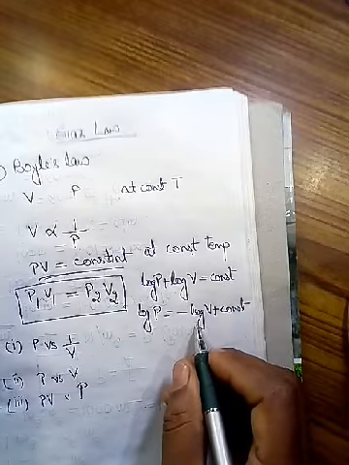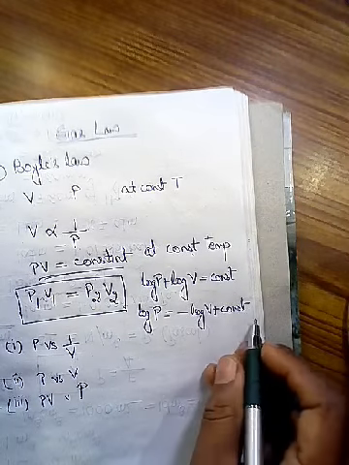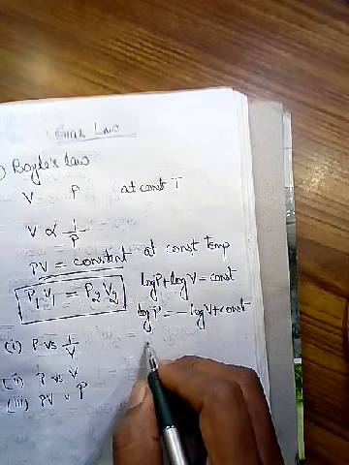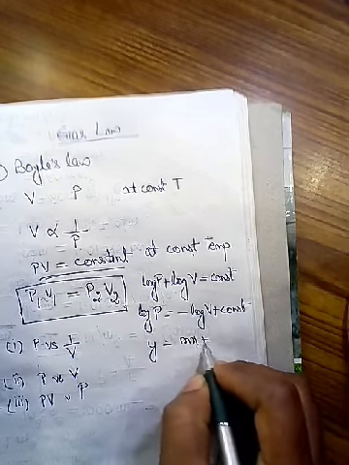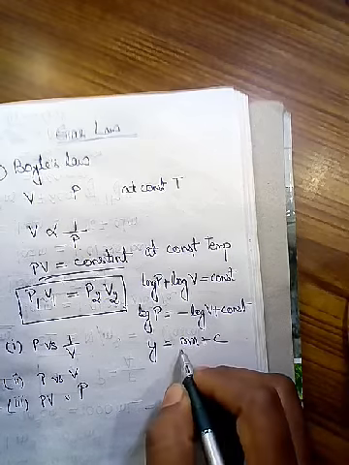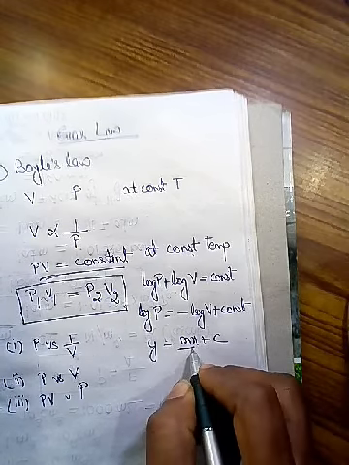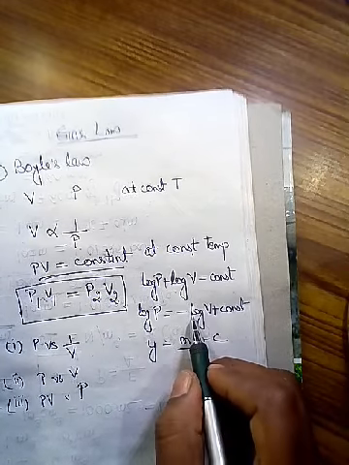So here this equation is in the form of equation for a straight line, that is y equal to mx plus c, where m is the slope and can be compared with this.